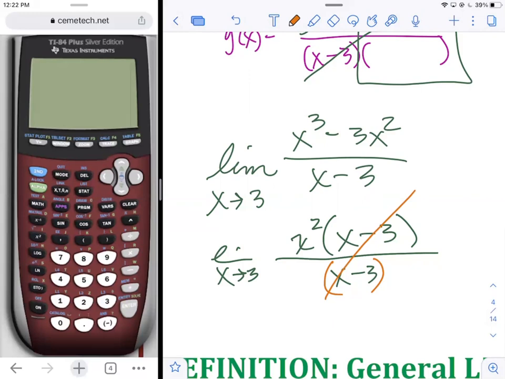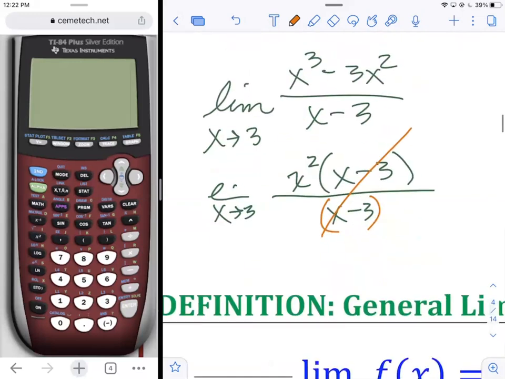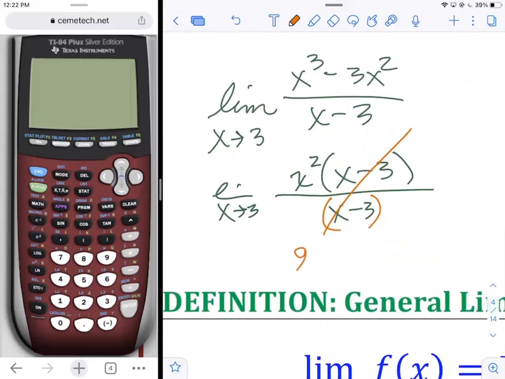So in pre-cal, we just memorized factor, divide out, and then plug it into what's left, right? So once this is gone, 3 squared is 9. And that's how we get 9. So this is going to be summarized in 1.4. When you're trying to evaluate a limit, plug in first.